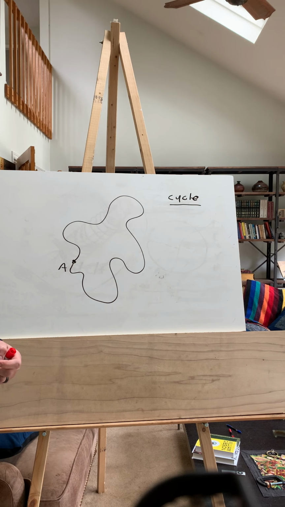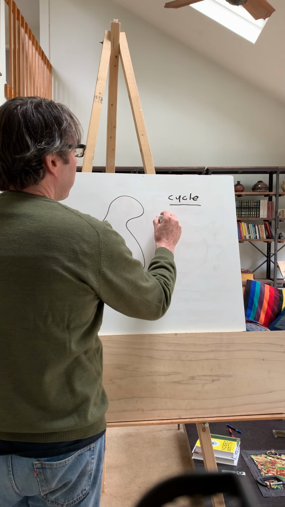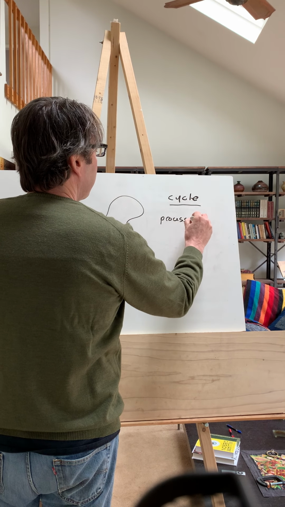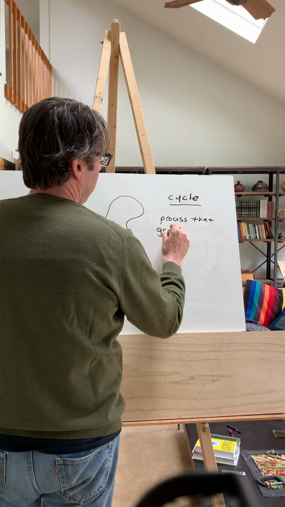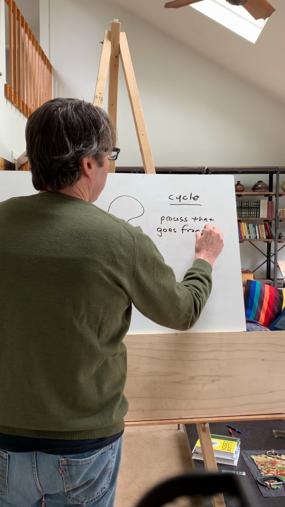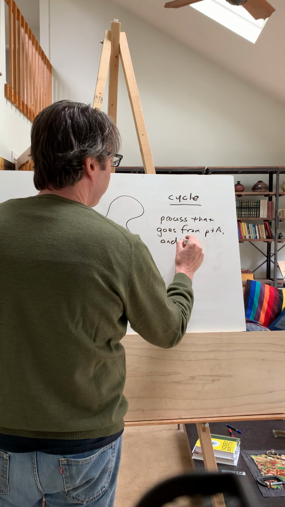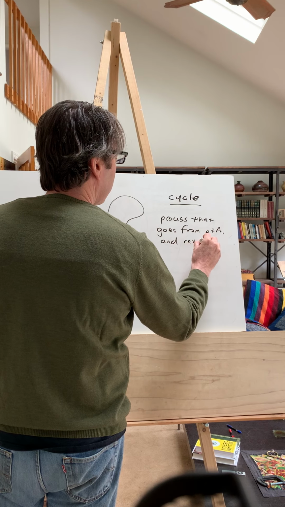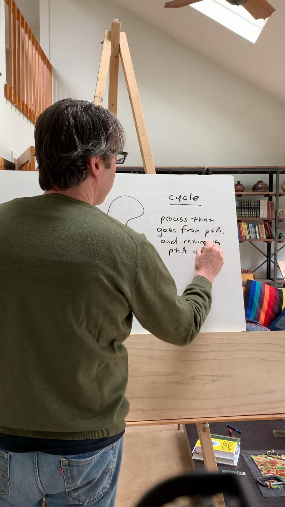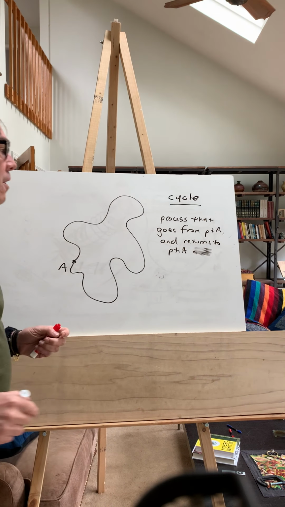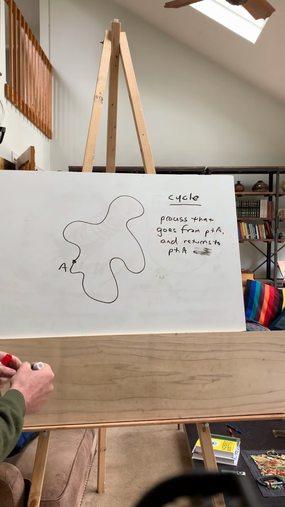It's what's done over and over again, going from A through the process to B. So a cycle is a process that goes from point A and eventually returns to point A. Okay, so that's the cycle. It goes from point A to point A. Then the cycle is what repeats itself.